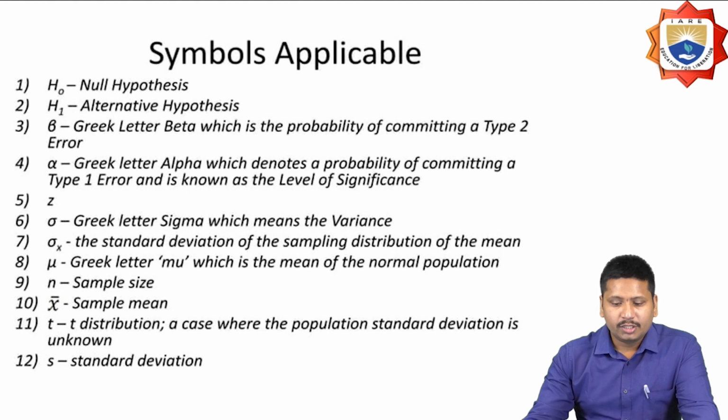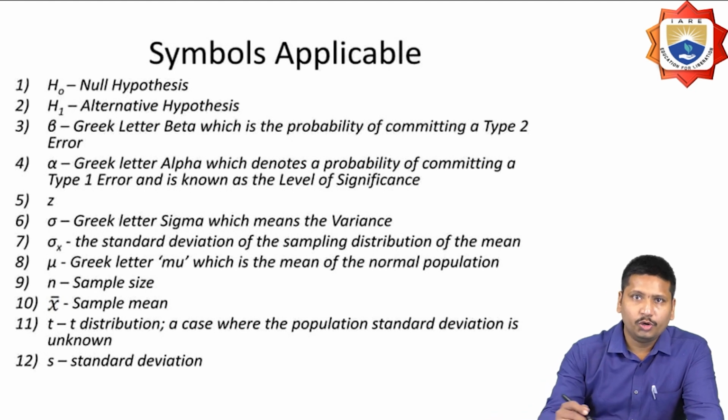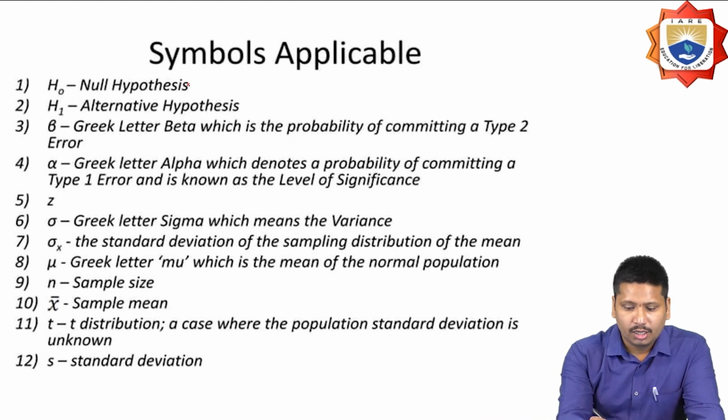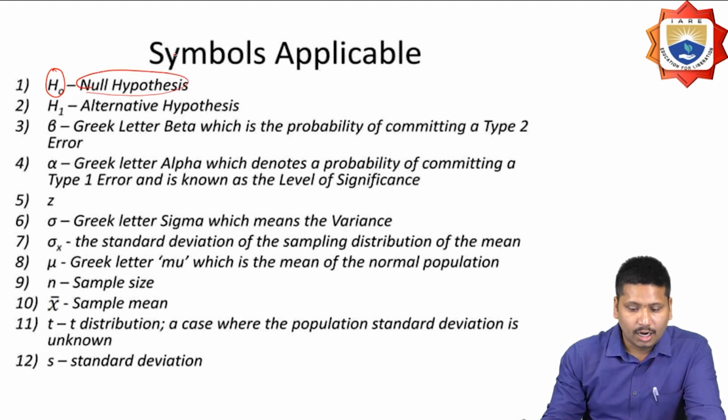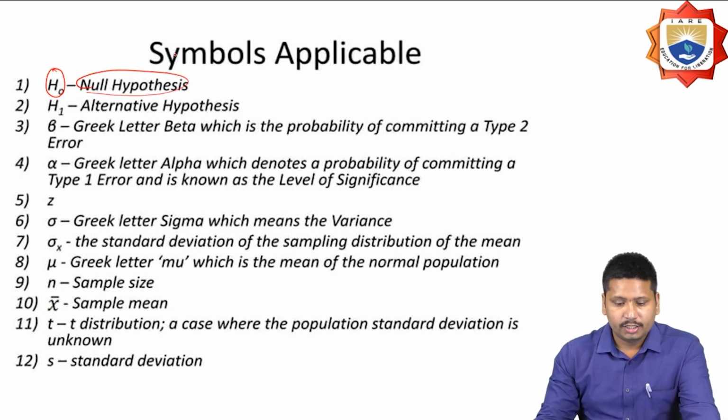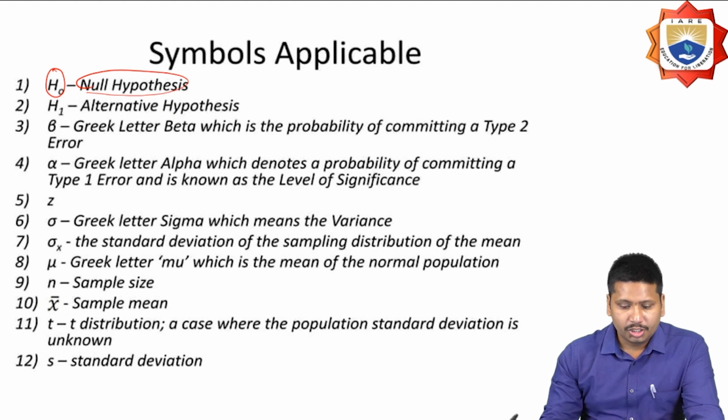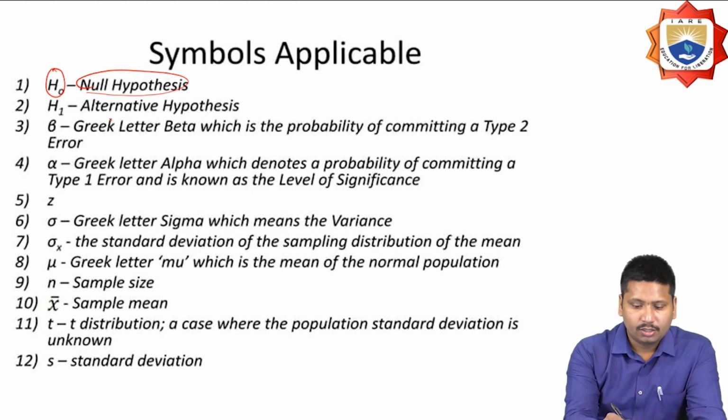What are the symbols needed for implementing this testing? We have H naught, which represents the null hypothesis, and H1, which we call the alternative hypothesis.